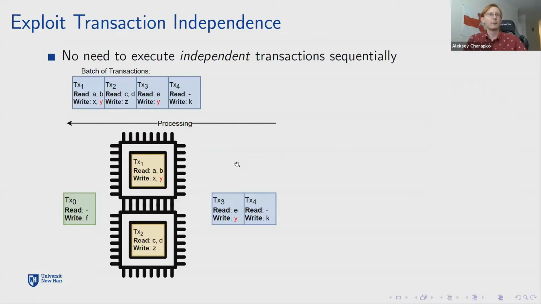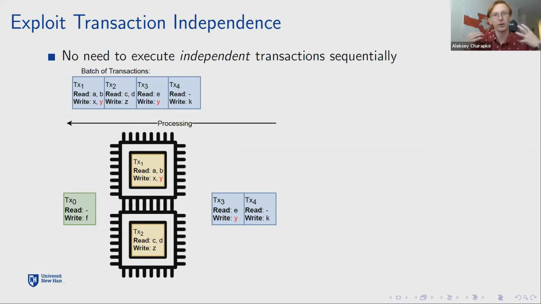And in a sense, we can, right? We need to exploit the independence of some transactions. If we have transactions that are independent from each other, then it doesn't really matter when we execute them in relation to each other, right? Because they're not touching the same variables, the same state of the state machine.